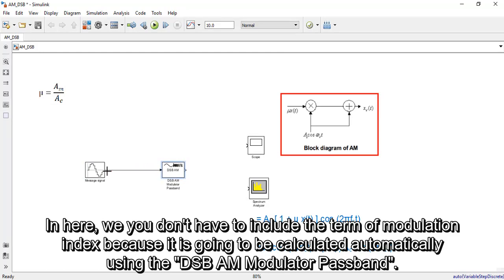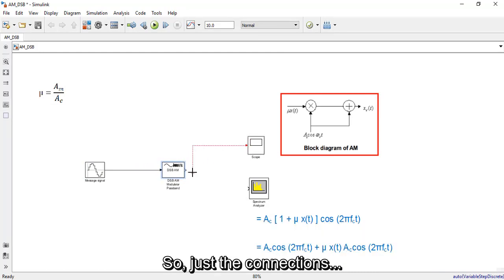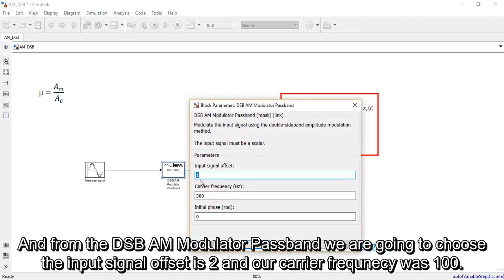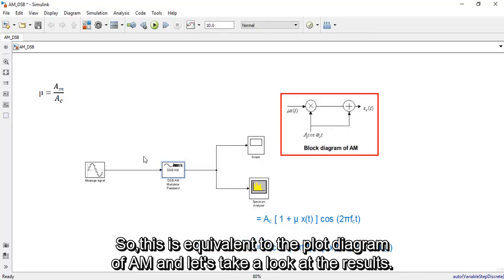So just the connections. And from the DSB AM modulator passband, we're going to choose the input signal offset, which means the amplitude of the carrier, which is 2, and our carrier frequency was 100. So this is equivalent to the block diagram of AM.